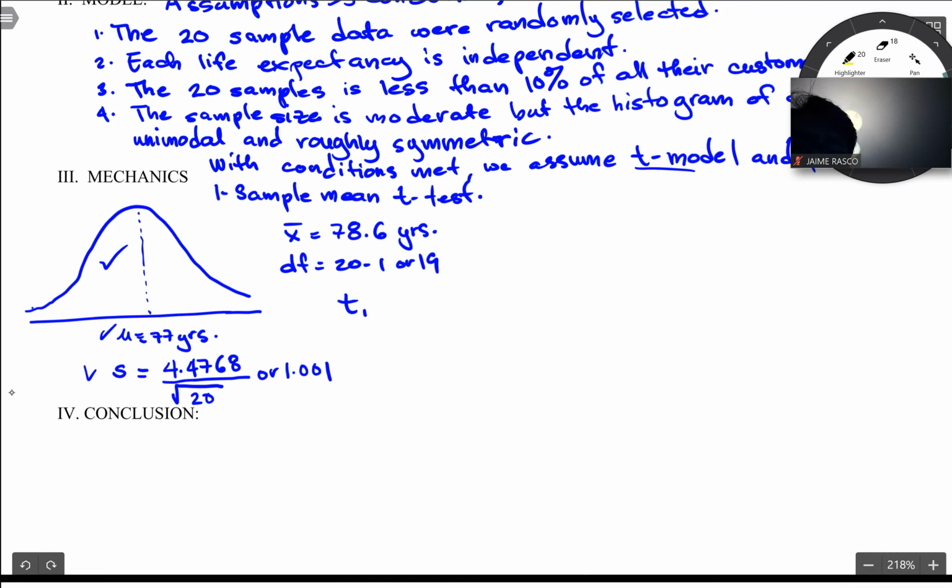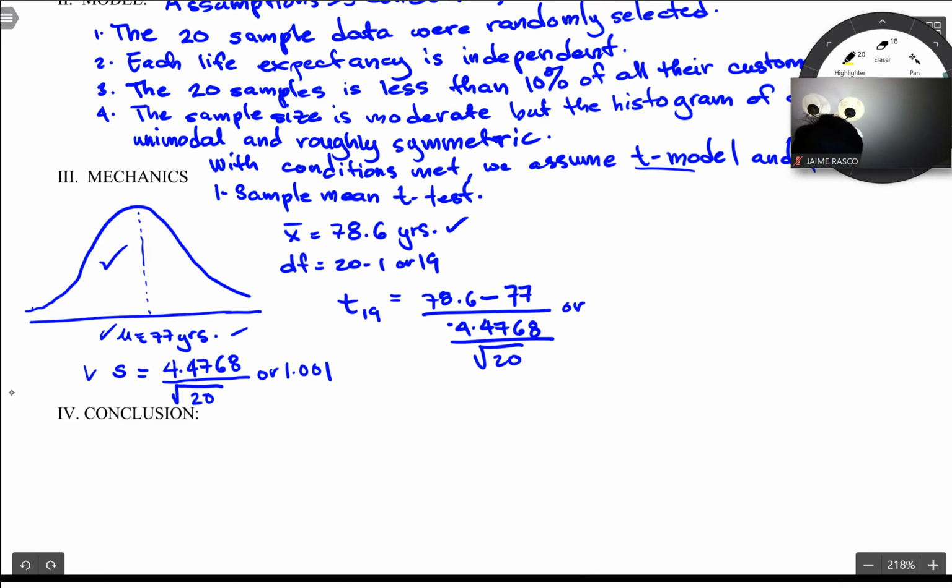So the t-score, degree of freedom 19, is going to be, again, data value minus mean, so that would be 78.6 minus the mean of 77, and then divided by the standard error, which is 1.001, or you could do 4.4768 divided by the square root of 20.